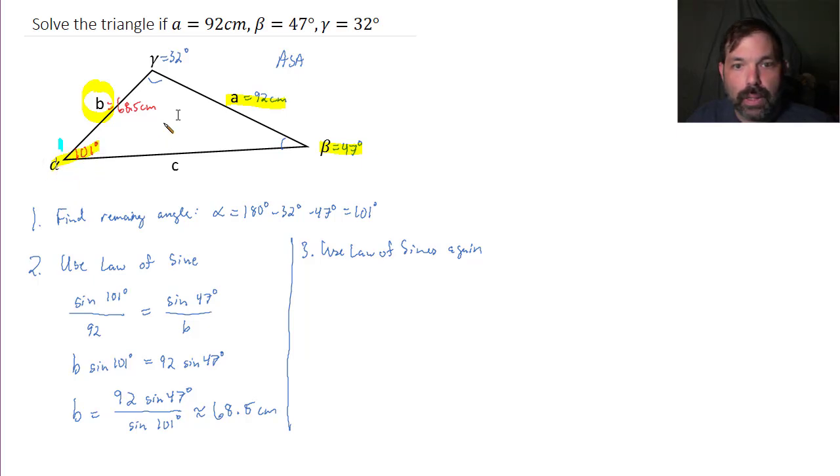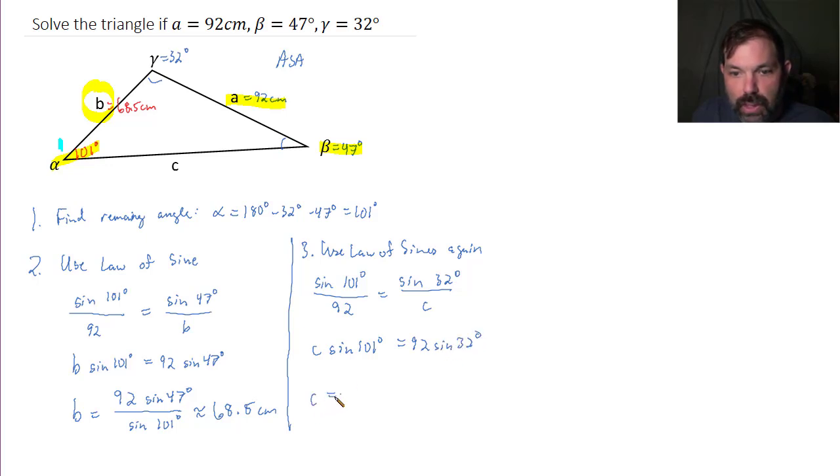I can use alpha and A, and I'll use gamma and C. The sine of 101 degrees is to, again, 92, as the sine of gamma, 32 degrees, is to C. So then C sine 101 degrees is 92 sine 32 degrees.